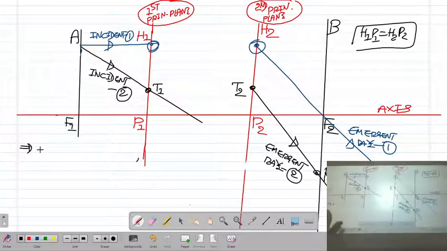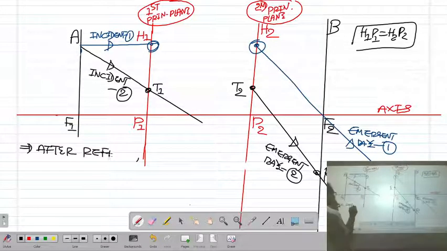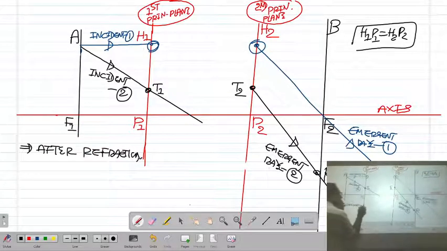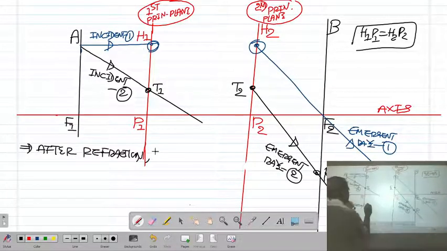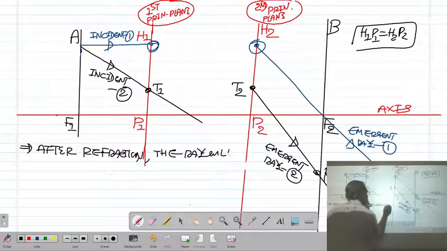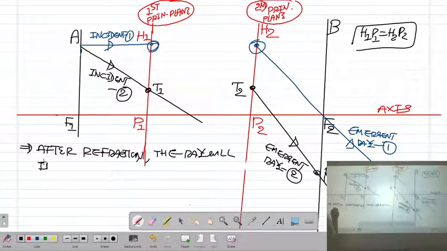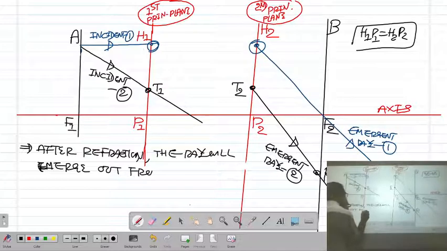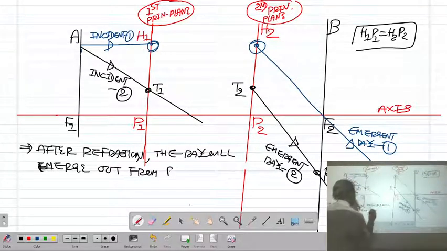So after refraction, the ray will emerge out from point T2.